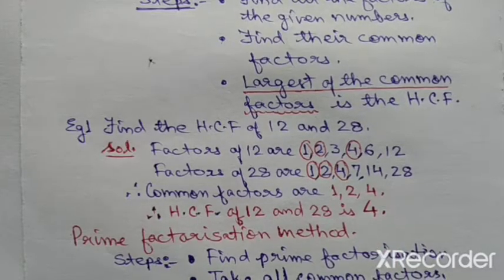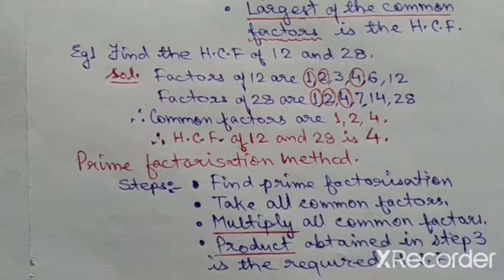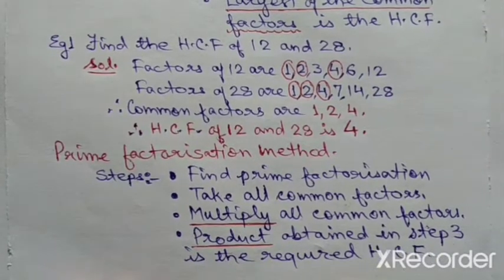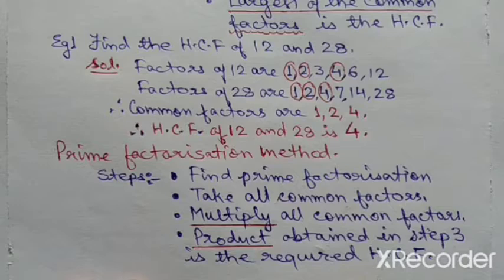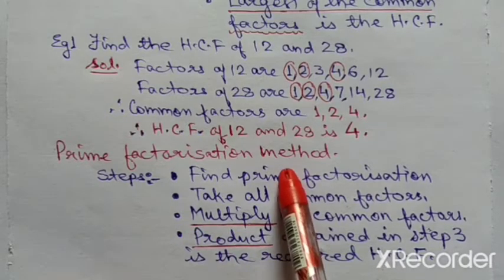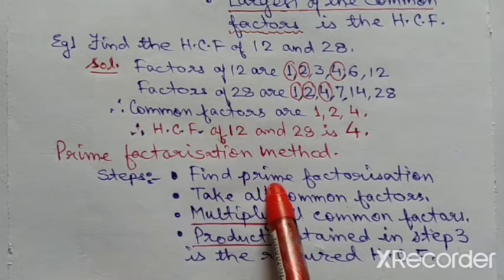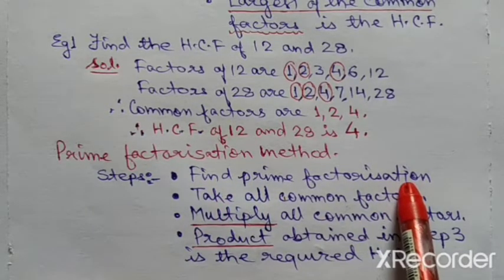Now let us try to understand the next method, children: the prime factorization method. Very important rule. In this method, we have to follow some steps. First, find the prime factorization. As I told before, there are two methods, factor tree method or division method.